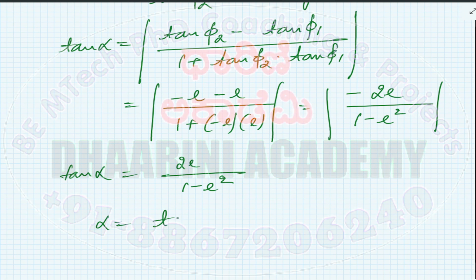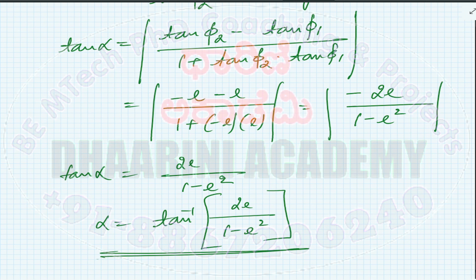Alpha is equal to tan inverse of 2e divided by 1 minus e squared. Anyway, by using the calculator, definitely we can find which angle it is. We know the value of e. E is a constant available in the calculator. First we find 2e by 1 minus e square, get an answer, take the tan inverse of that, you will get the exact angle.